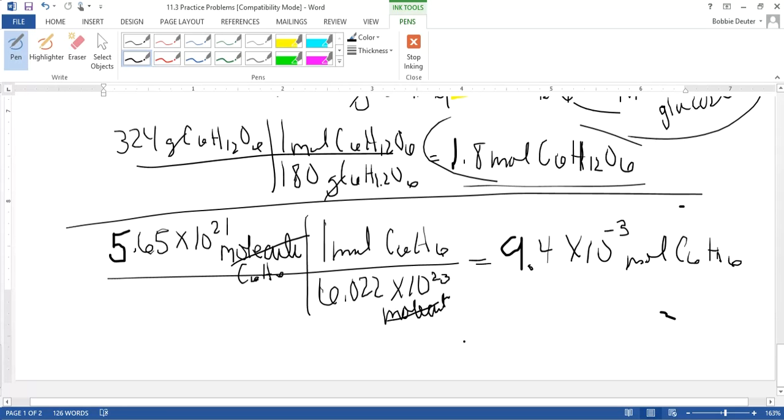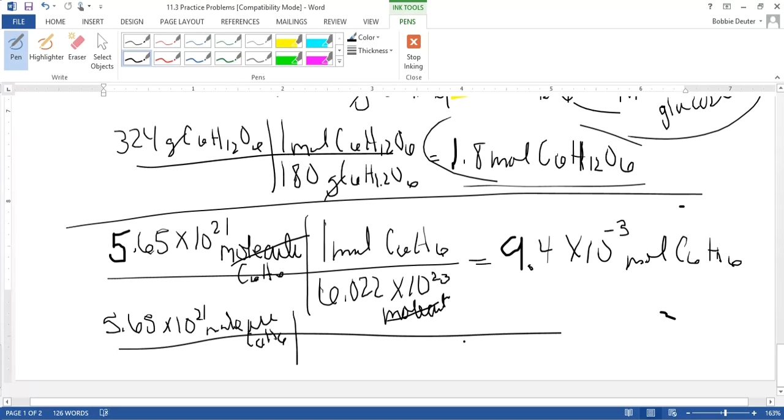Okay, so let's do our molecules to grams now. So we're going to start with our 5.65 times 10 to the 21st molecules of our benzene. We still have to put Avogadro's number on the bottom. Cross off our label of molecules. That's 1 mole of benzene on top.